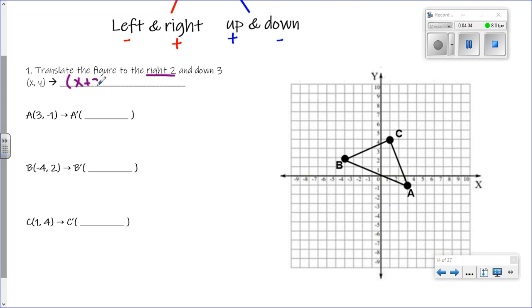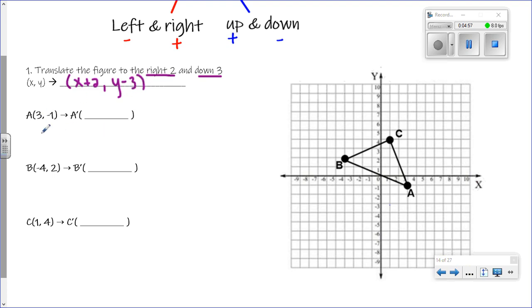And then since our y value says go down 3, that means we're going to take our y value and subtract 3. Okay, so this is our rule. We start with our original, we're going to add 2 to the x value, and we're going to subtract 3 from the y value.